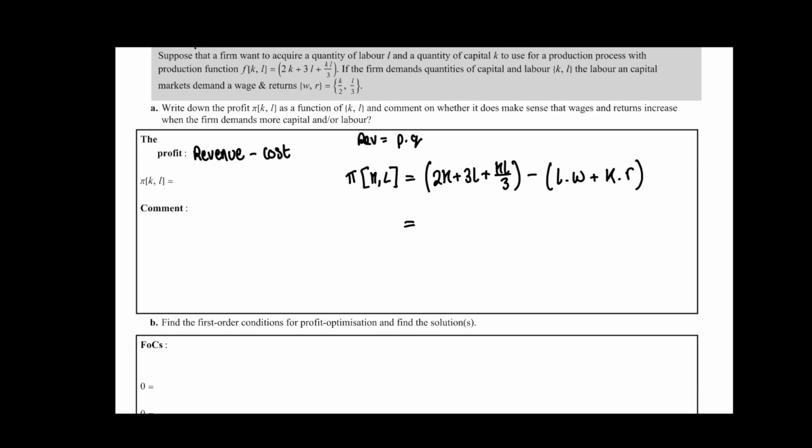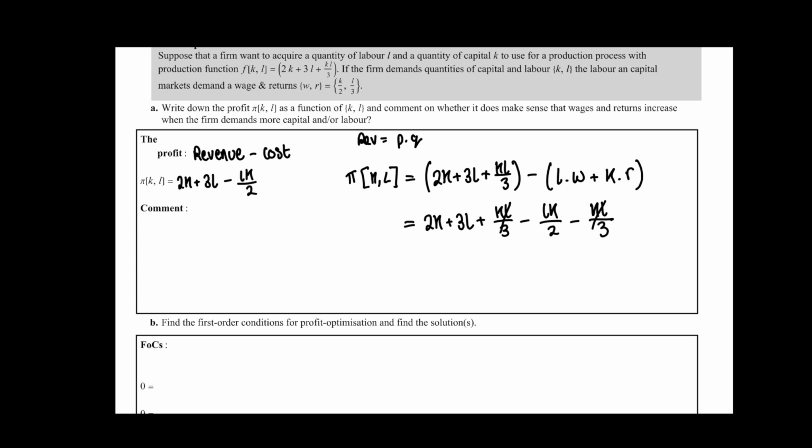So now if we substitute in W and R, we get 2K plus 3L plus KL over 3 minus L times W, which is LK over 2, minus K times R, which is KL over 3. So this and this go, and we are left behind with the profit function being 2K plus 3L minus LK over 2.